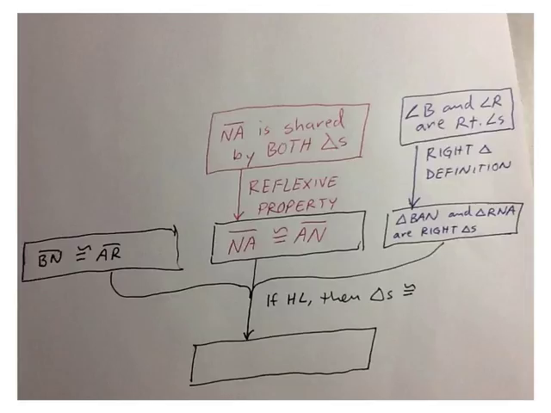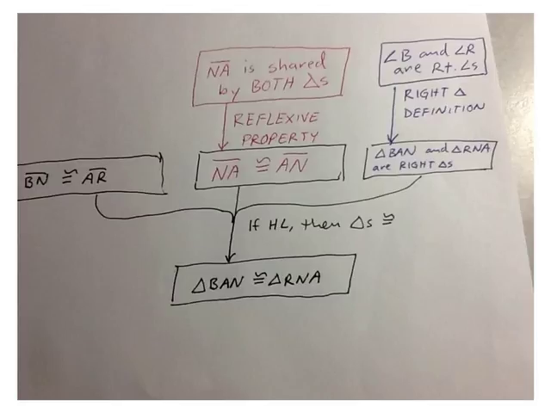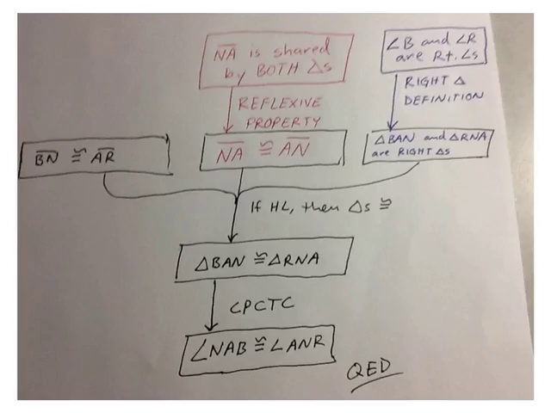And so now we've established that those two triangles, BAN and RNA, are congruent. Now remember, we were trying to prove something about angle measurements. And so once we've established that these two triangles are congruent, we can then use CPCTC to say that those two corresponding angles, NAB and ANR, are congruent as well. And so there we go, we're done with that proof.